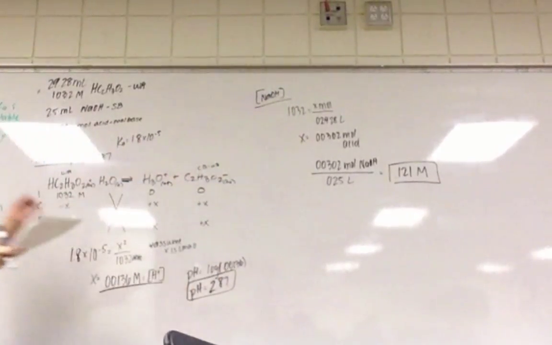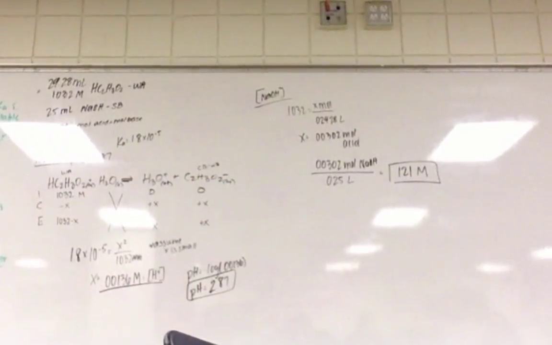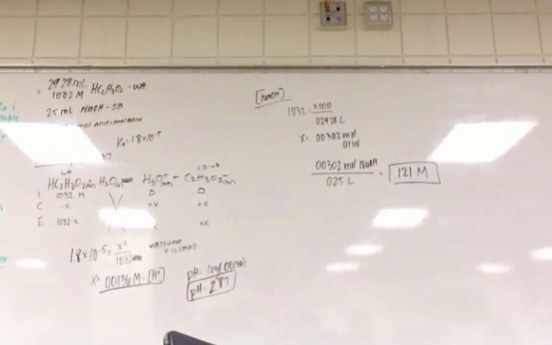Alright, so again, you just need moles, you need liters. We already knew our volume, so we just needed to figure out moles. And because we're at the equivalence point, moles of acid equal moles of base.